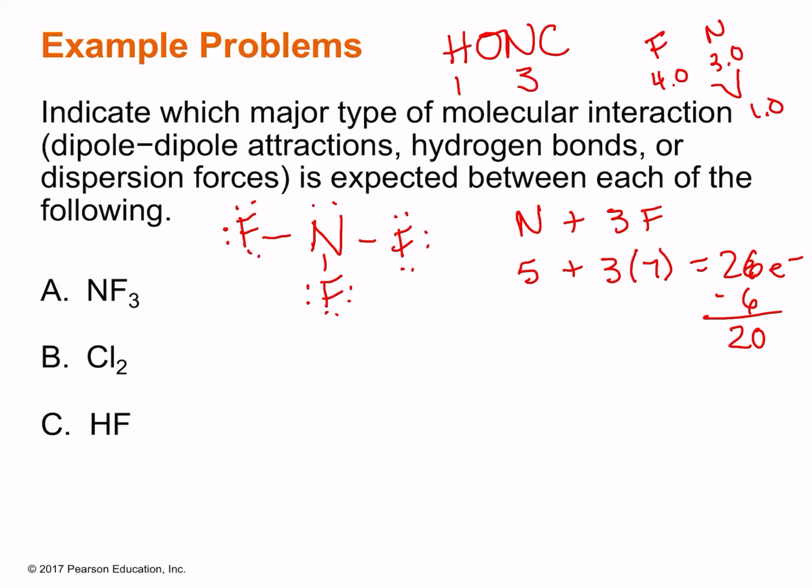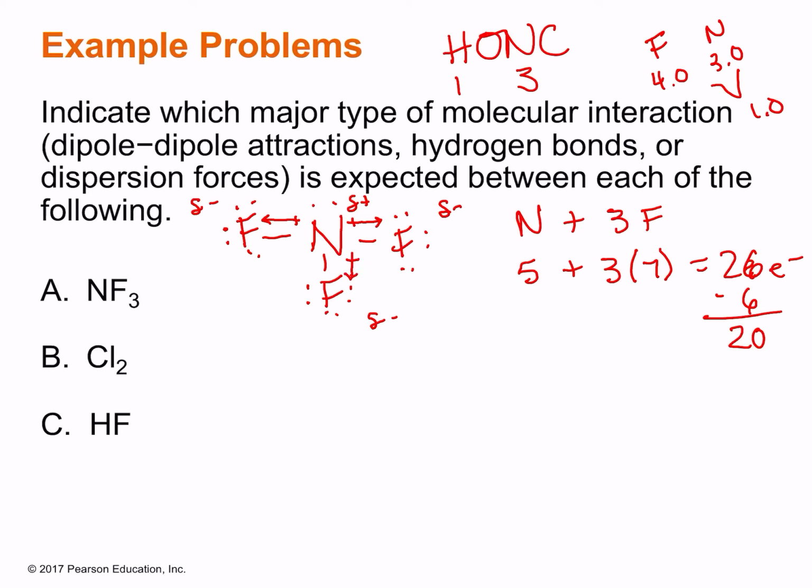So we will draw our dipoles. Remember, we put our partial negatives on the more electronegative atom and our partial positive on the less electronegative atom. And then we draw an arrow for each one of these bonds. It's always going to go from the positive to the negative. All right, so there are my 3 arrows.